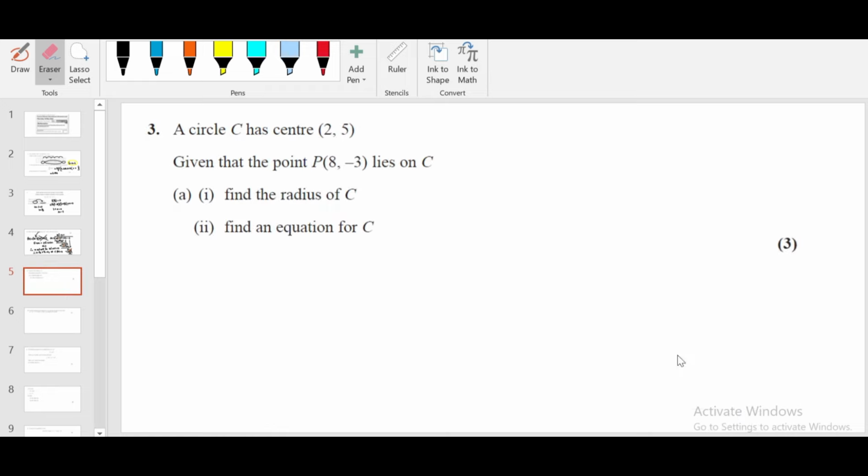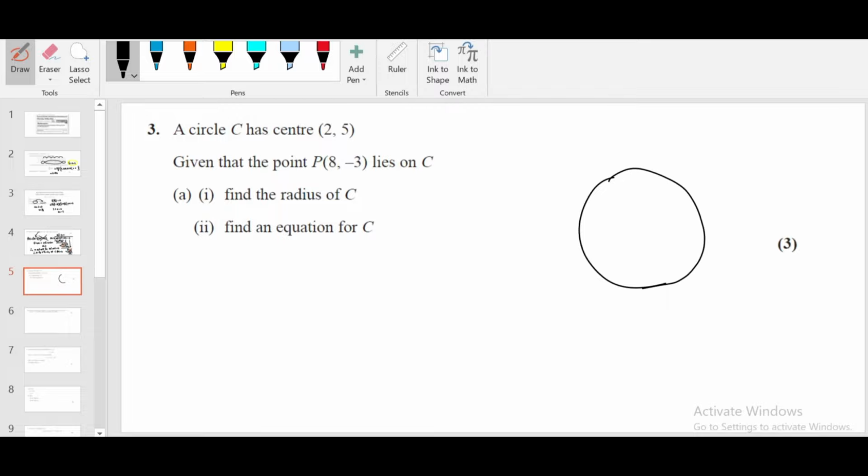Question number 3. You have a circle given, a circle with the center 2, 5, and there is a point P of 8, negative 3 lies on this circle. Find the radius. Radius is basically the distance between these 2 points.